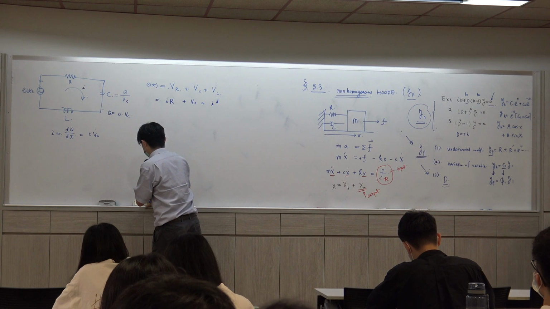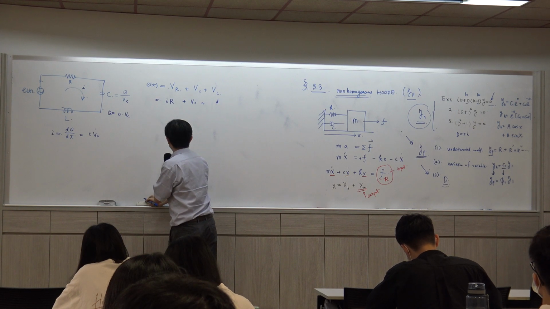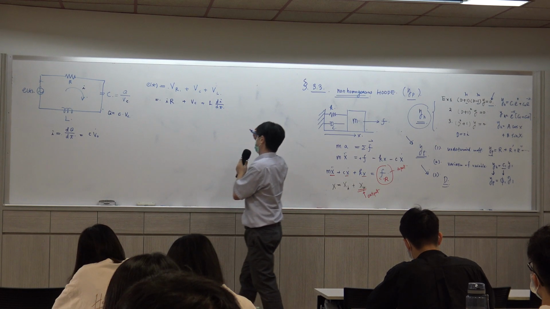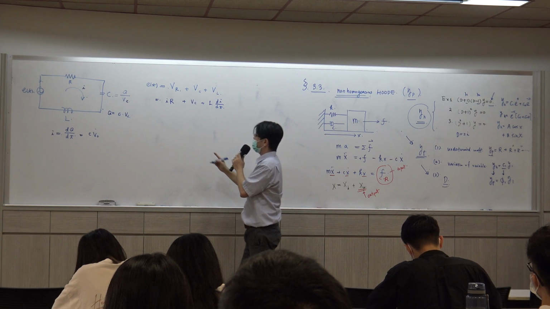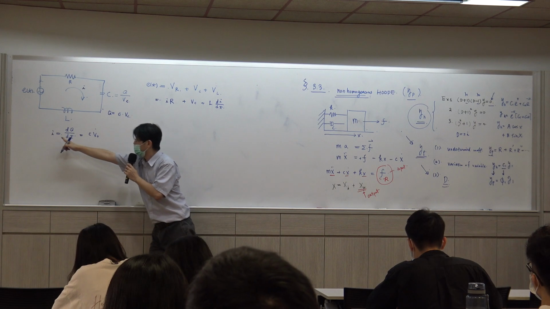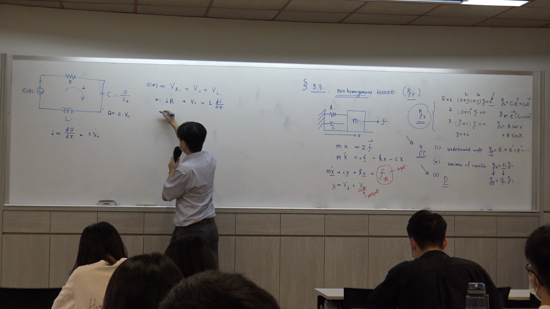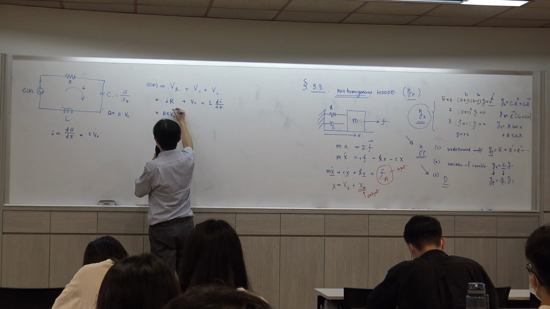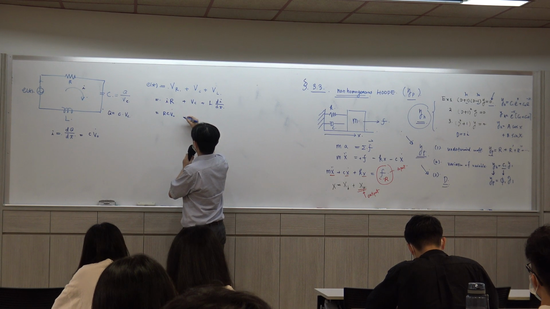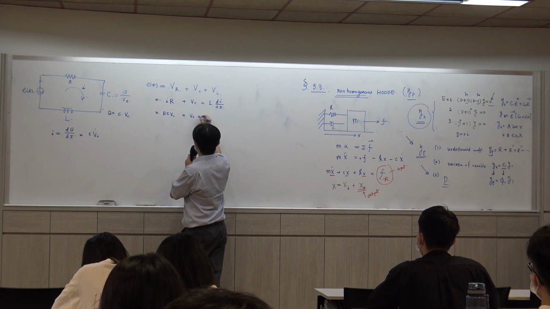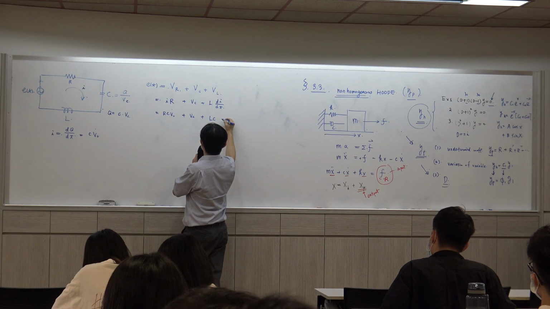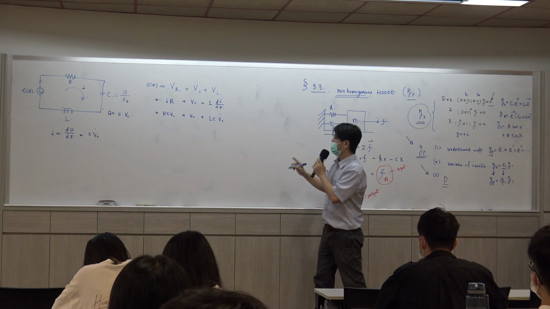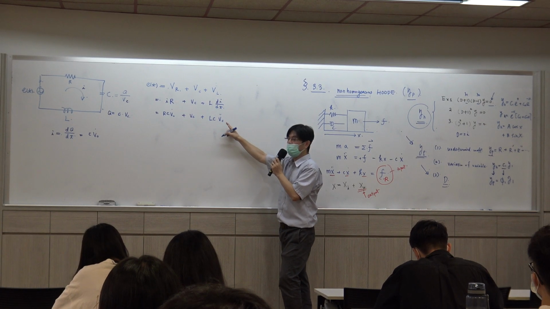Okay, so here we just plug in this term into the equation. So it equals RC Vc dot plus Vc plus LC Vc double dot for the second order derivative.